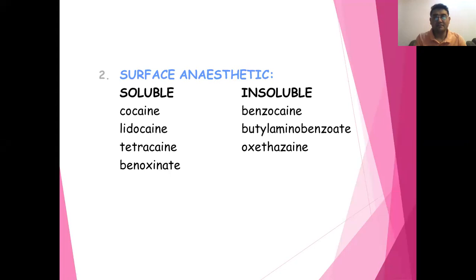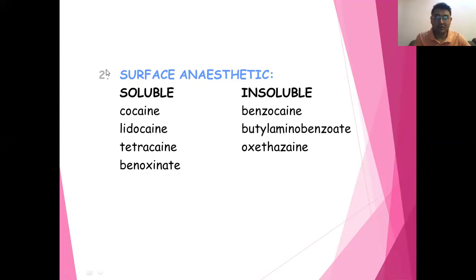Surface anesthetics are those anesthetics which are used as a gel, as a spray, and as a pomade. Water soluble and water insoluble: soluble ones are like cocaine, lidocaine, tetracaine, and benzonatate. The insoluble ones are benzocaine, butyl aminobenzoate, and oxethazaine.